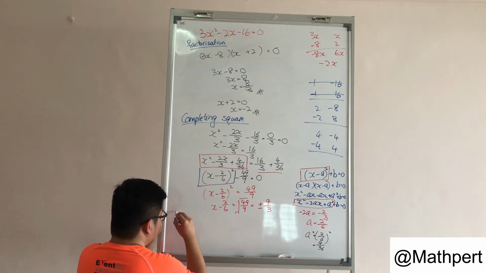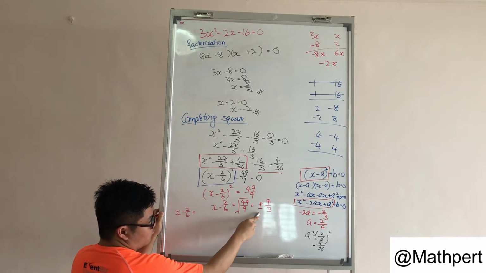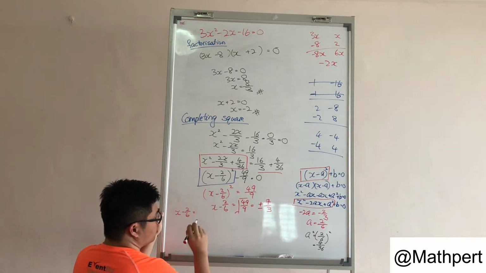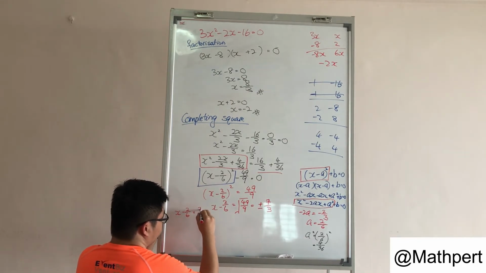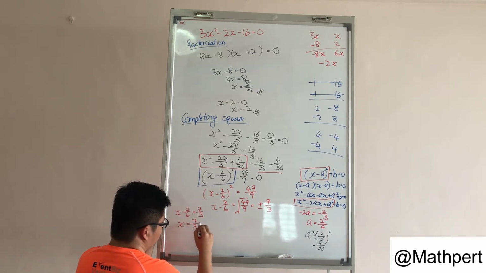First one: x minus 2 over 6 equals positive 7 over 3 or negative 7 over 3. We do the positive first.